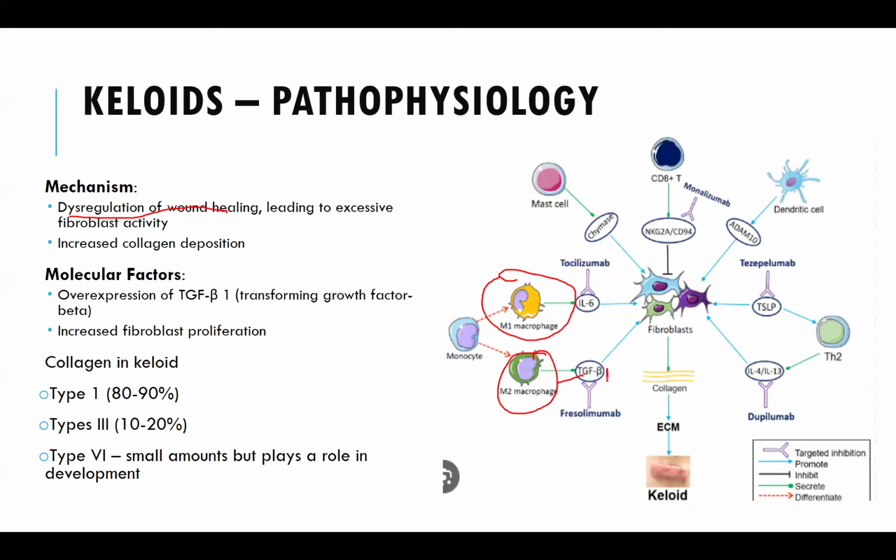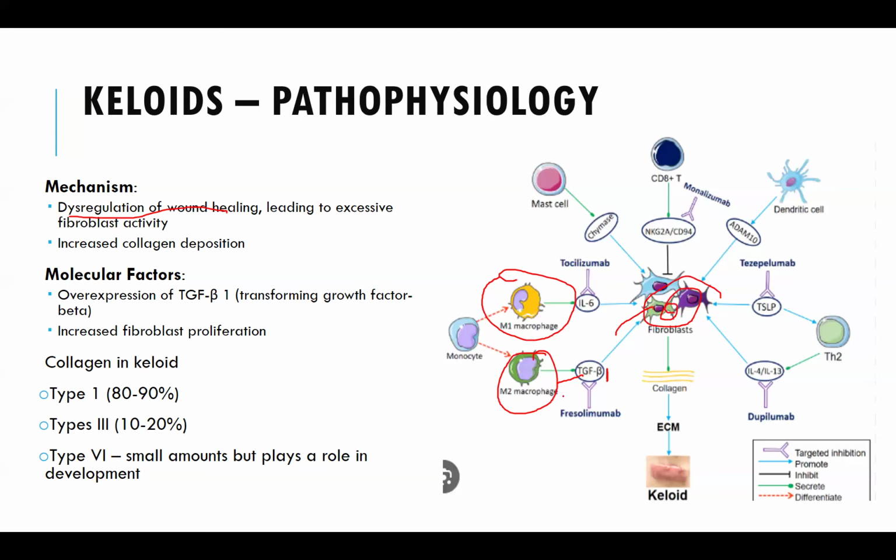So in these people who are at risk of forming keloids, it is this growth factor that has been associated with being overexpressed. Overexpression means that instead of having maybe 10 receptors, someone has 100, meaning that the function is amplified. So these patients have increased activity of the fibroblasts, meaning that they will lay down a lot of collagen that will end up even surpassing the size of the wound.